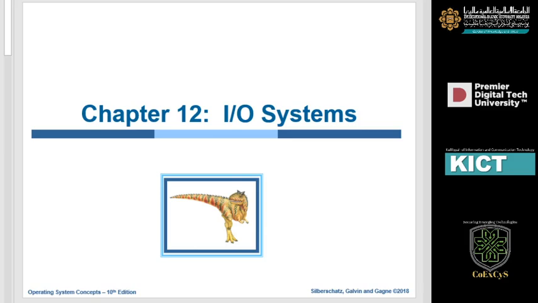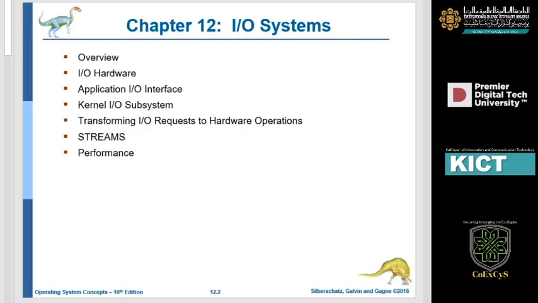Some new devices are so unlike previous devices that it is a challenge to incorporate them into the operating system. So we have device drivers that present a uniform device access interface to the system. All right, let's continue.